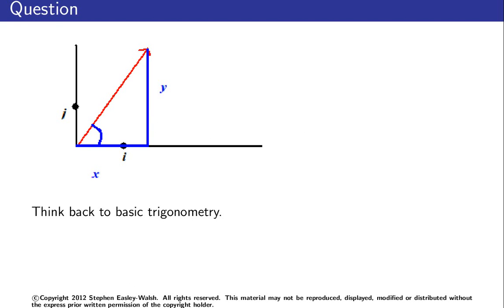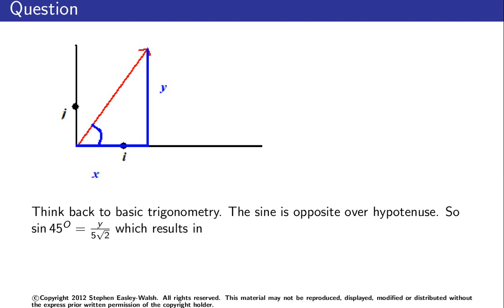So we're looking for x and y, and we know the length of the red line there, the red vector. So we need to think back to basic trigonometry, middle school trigonometry. The sine is the opposite over hypotenuse. So here, the sine of 45 is y over 5 root 2, which results in y equals 5 root 2 sine 45, which is 5.